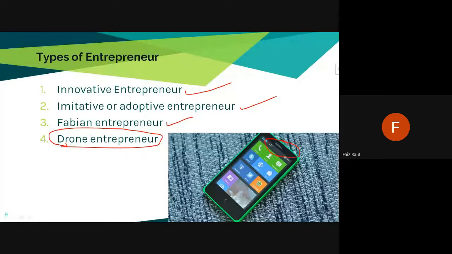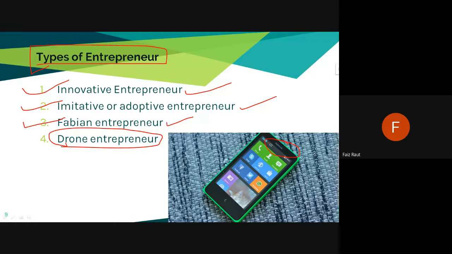Okay, so these are the types of entrepreneurs. Drone entrepreneurs don't last much time. Innovative entrepreneurs, first thing, they'll come up with a product or a service. Imitative or adoptive, they'll copy the innovative entrepreneur's thing, and they'll develop their own by modifying something.